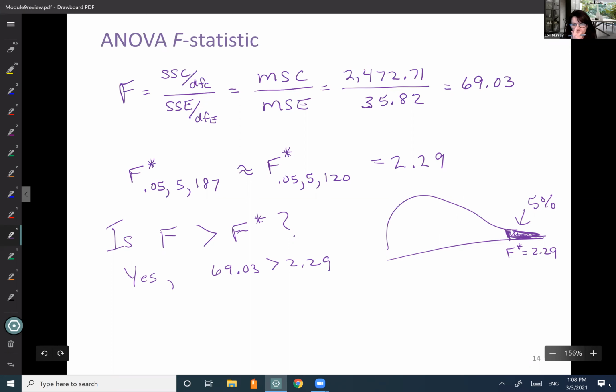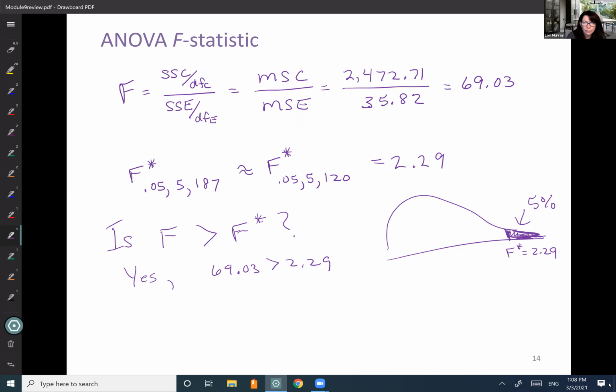And even if you just look at the ratio, before you even calculate the 69.03, if you look at the numerator, 2,472.72 is quite different than the denominator, 35.82. Already there, it looks like the between group error is much greater than the within group error, right?